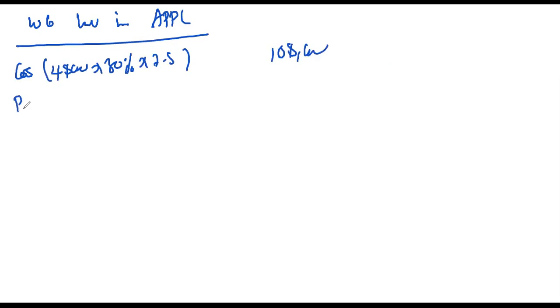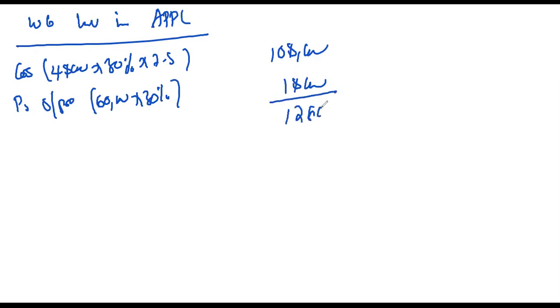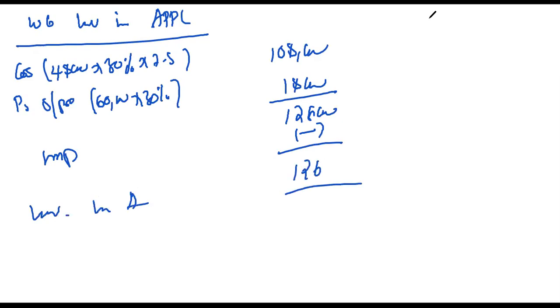Then P's share of profits: 60,000 multiplied by the 30%, we get our 18,000. When we add, we have 126,000. Then the impairment, because the associate has not been impaired, we have nil. So the investment in associate is 126,000. This is the figure that is going to go to our SFP.